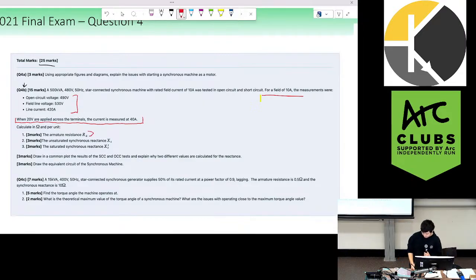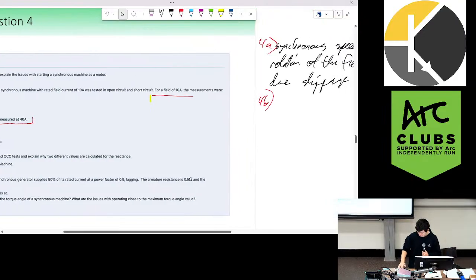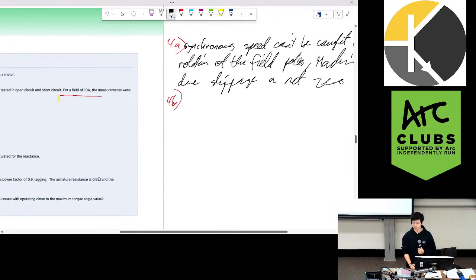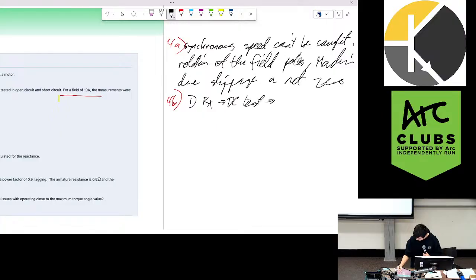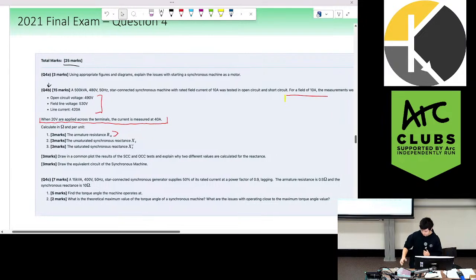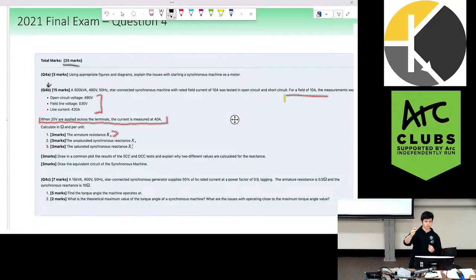Let's find the armature resistance. Armature resistance, as we saw previously, doesn't really change too much with the skin effect, so we use the DC test. Voltage over your terminals divided by the current through gives you your measured resistance.